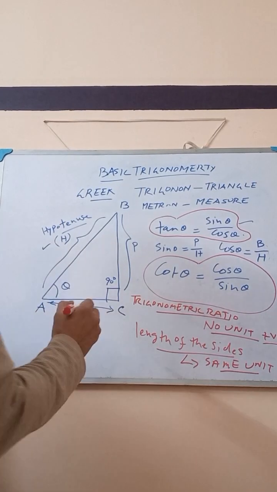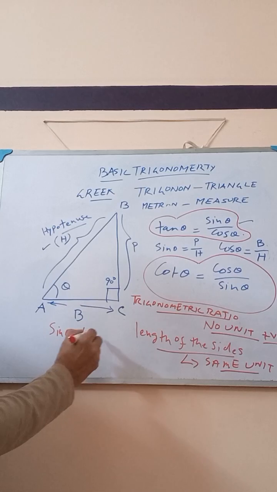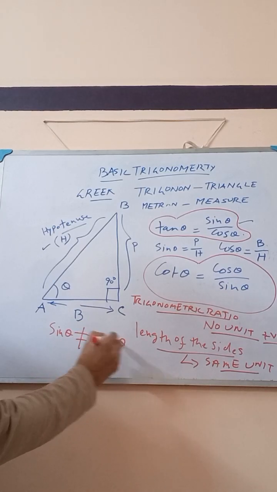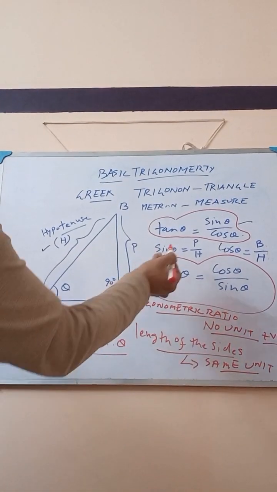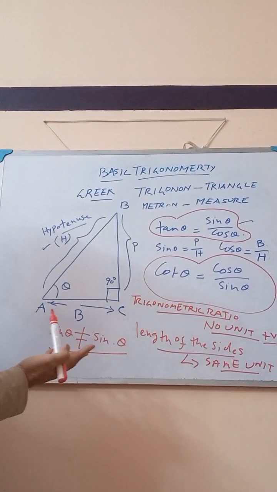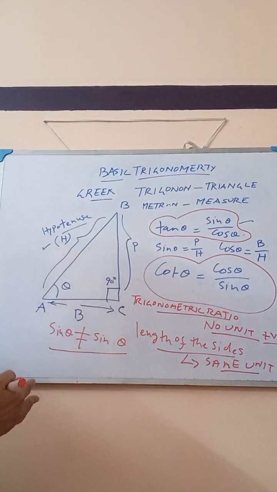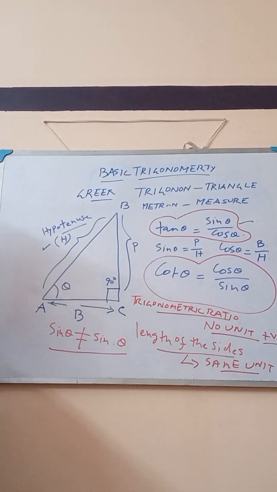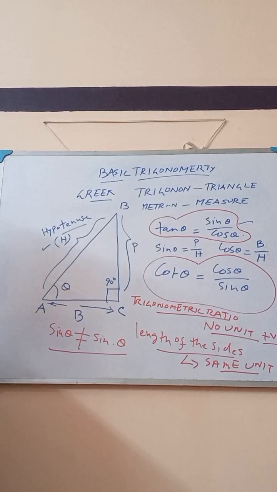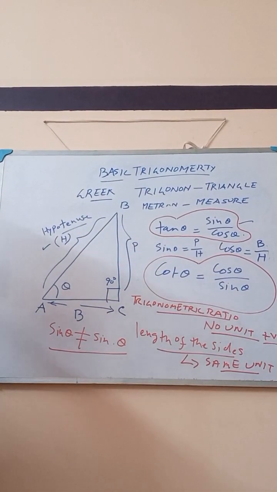And another most important thing, sin theta is not equal to sin multiplied by theta. This you have to remember. It is applicable to tan theta also, cos theta also. Tan theta is not tan multiplied by theta. Cos theta is not cos multiplied by theta. Cosec theta is not cosec multiplied by theta. Cot theta is not cot multiplied by theta. Sec theta is not sec multiplied by theta. Okay. So this is all about basic trigonometry.